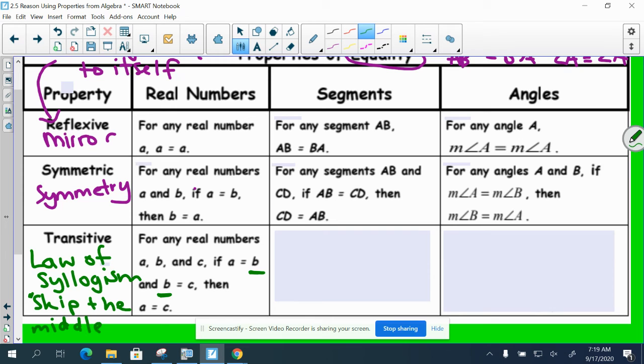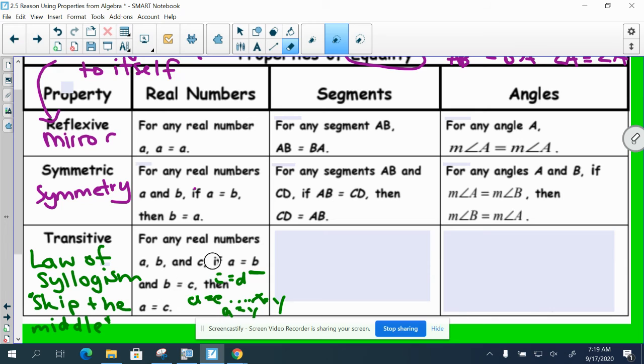And actually, you can have a whole chain of equality. So you can say if A is equal to B, and if B is equal to C, and if C is equal to D, and if D is equal to E, and so on, and then if X is equal to Y, then A is equal to Y. So you can go on and on with this transitive property. So transitive is like how you're transiting.